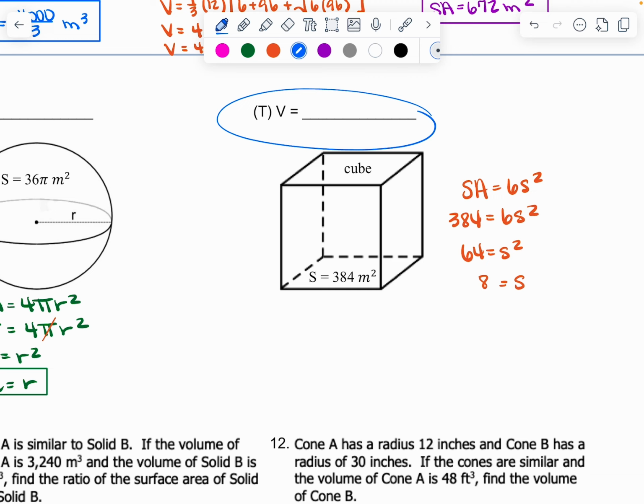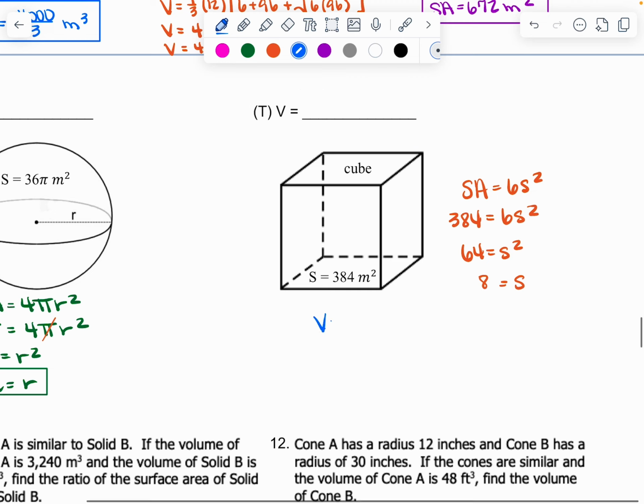This is a two-parter because I clearly can see that they want me to find the volume of this cube. But I can't find the volume without the side length, right? So we just solved for the side length using the surface area formula. So now we're going to use the s cubed formula, right? And now that each side is 8, well, then that means that the volume of the cube is going to be 512.